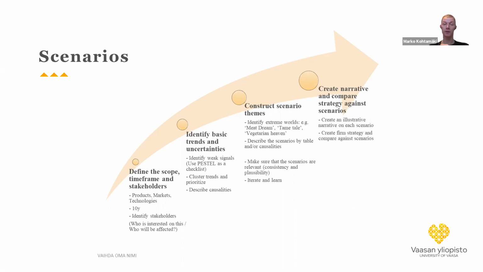At the second stage, we identify the basic trends and uncertainties. So we use, for instance, PESTEL as a checklist, as a simple tool to understand the components of the environmental changes.